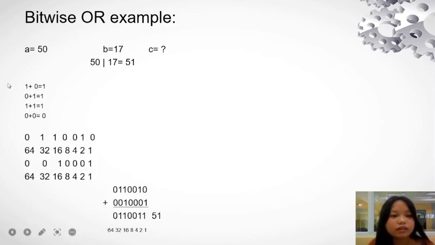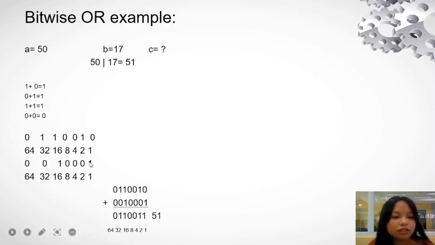Same with AND, I have also here 1 or 0 equals 1, 0 or 1 equals 1, 1 or 1 equals 1, 0 or 0 equals 0. So this is the binary result of A equals 50: 0 1 1 0 0 1 0, and the second one is B equals 17.